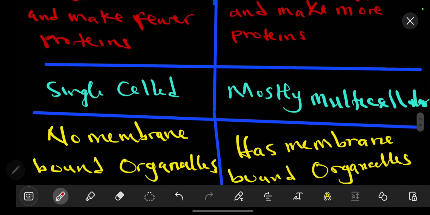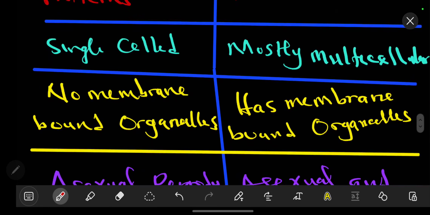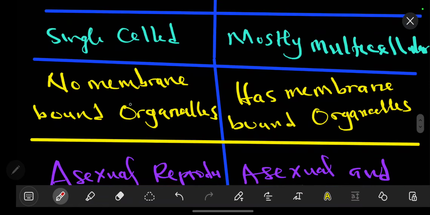Then we also have that prokaryotes are mostly single-celled, while eukaryotes are mostly multicellular. Prokaryotes have no membrane-bound organelles, meaning their organelles do not have a second membrane. Eukaryotes, on the other hand, have membrane-bound organelles.